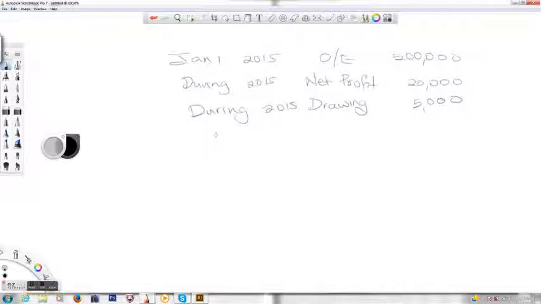Then what will be the owner's equity at the end of this year?